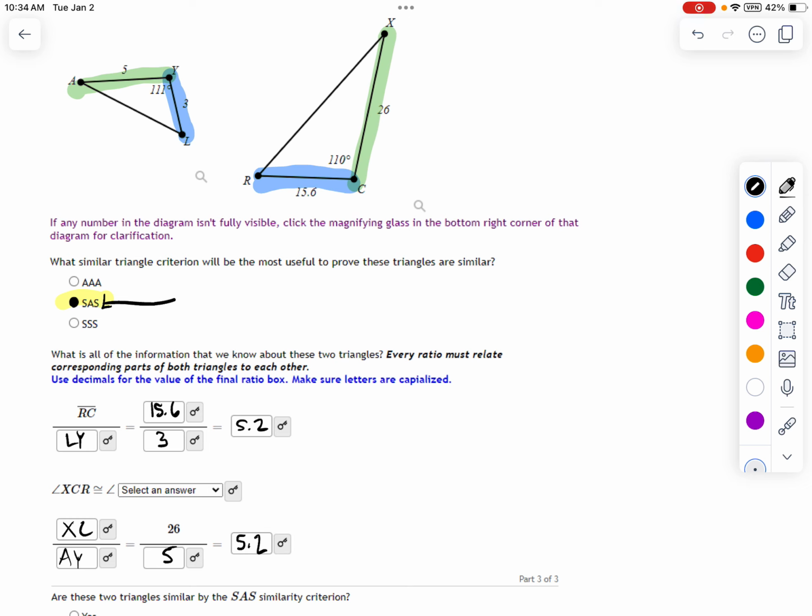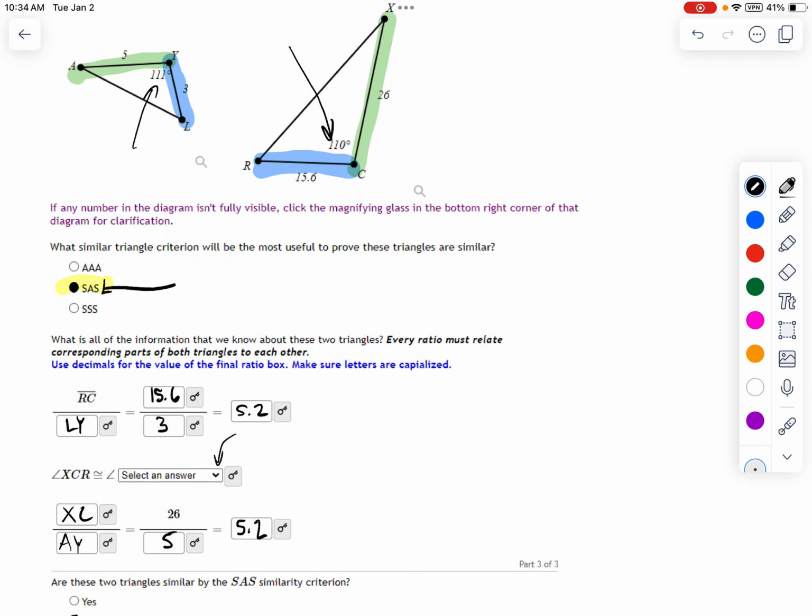So the ratios are the same, huzzah! But the angle XCR, that angle right there, is not congruent to 111, so in the drop-down you would select whichever option says they're not congruent, not the same, or not equal to each other.